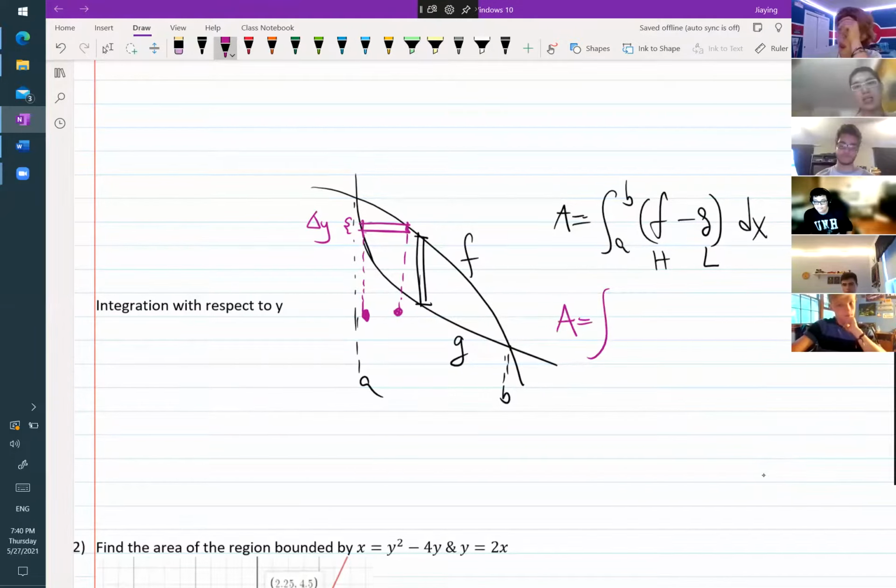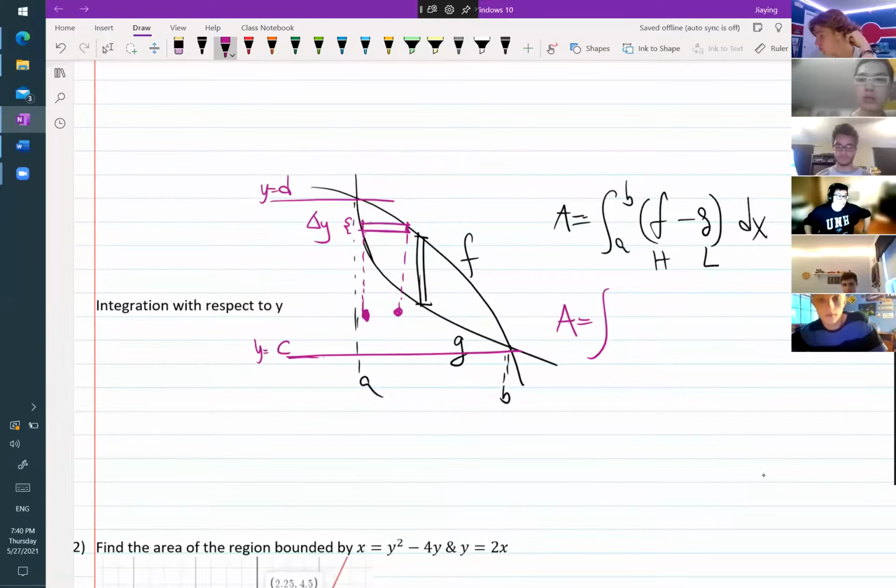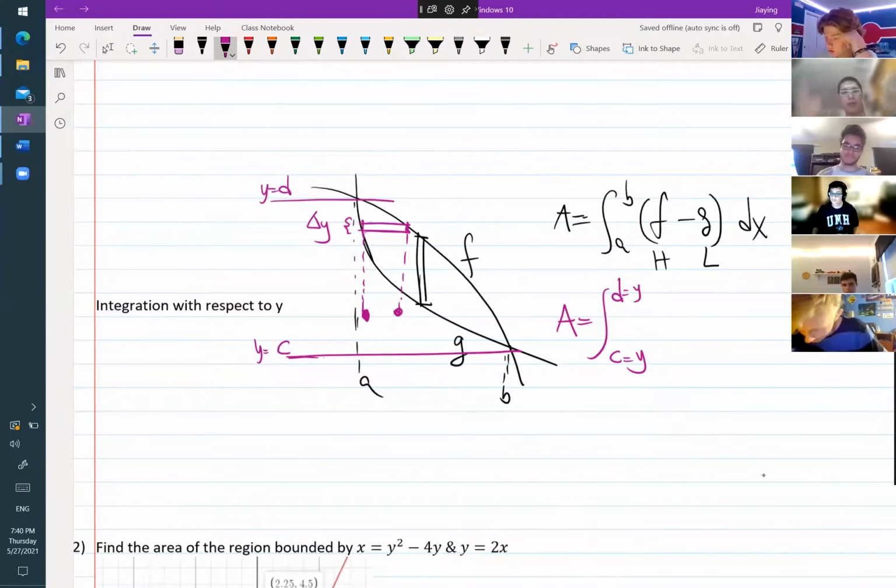Instead of going from A to B, we are integrating from this y value here to this y value. So we're integrating between those two y values. That's C and D. So we're integrating from C to D, but those are y values. The length of the rectangle is given by the function on the right minus the function on the left.